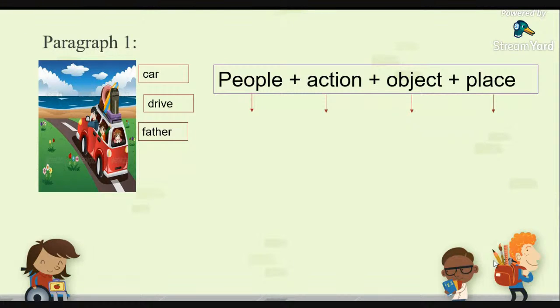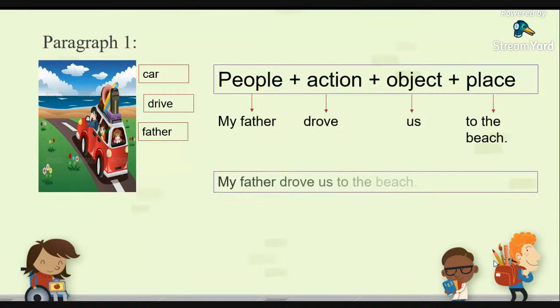Who is involved in the activity? My father. Okay. My father did what? My father drove. Remember, instead of drive, kita guna drove because our story is in past tense. Then drove what? Drove us. Us tu kami. Okay. Where? To the beach. Okay.